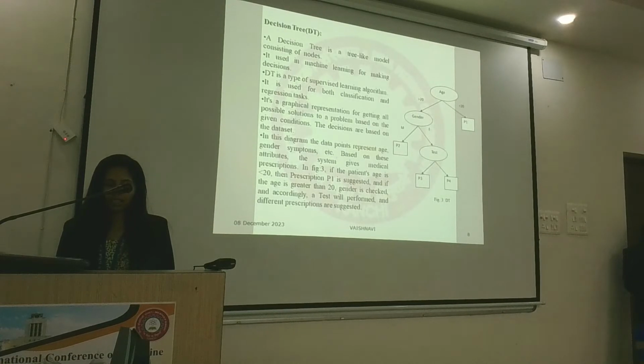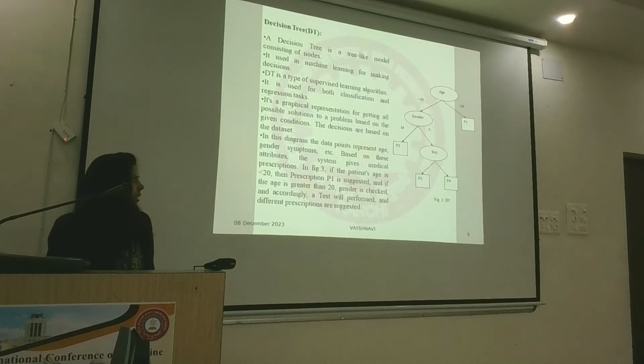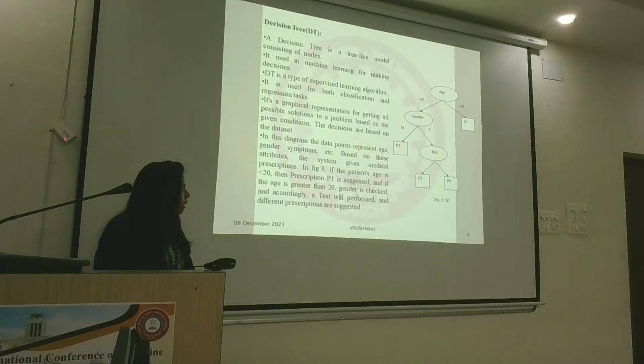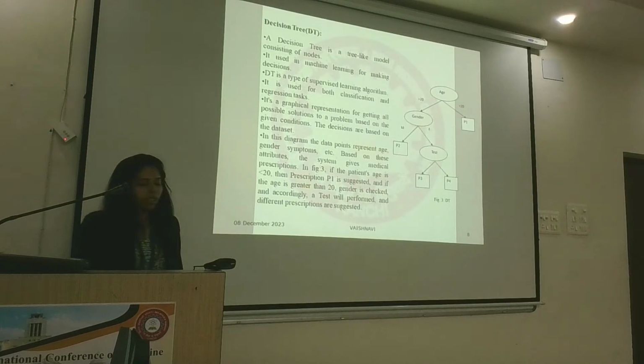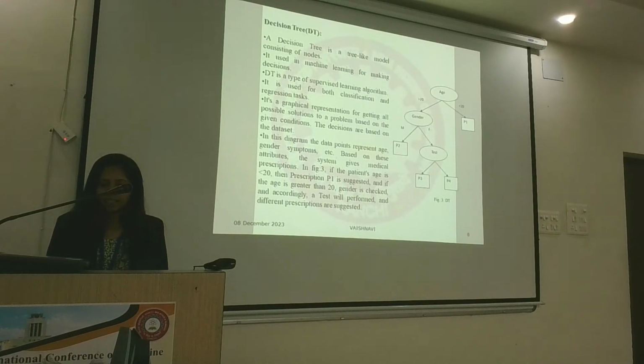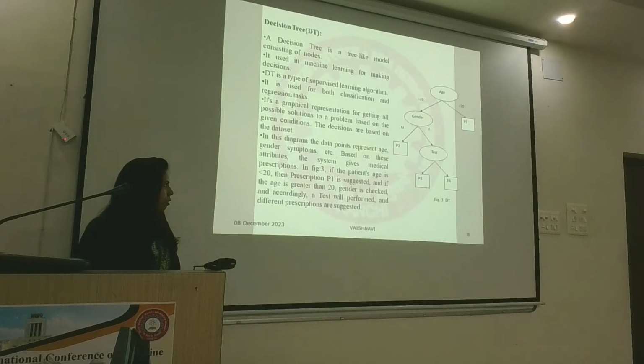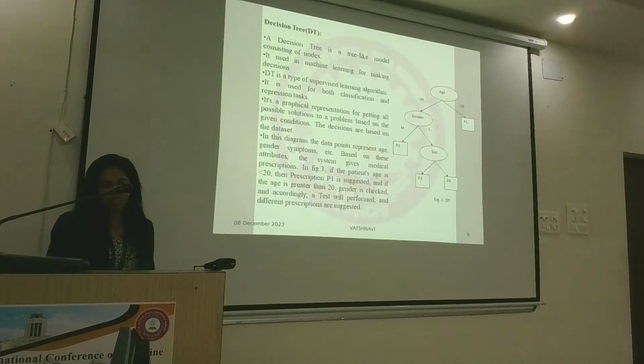If the patient age is less than 20, then prescription P1 is followed. If greater than 20, then decide gender. If male, then prescription P2 is followed. If female, then test, and according to this test, different prescriptions are suggested.